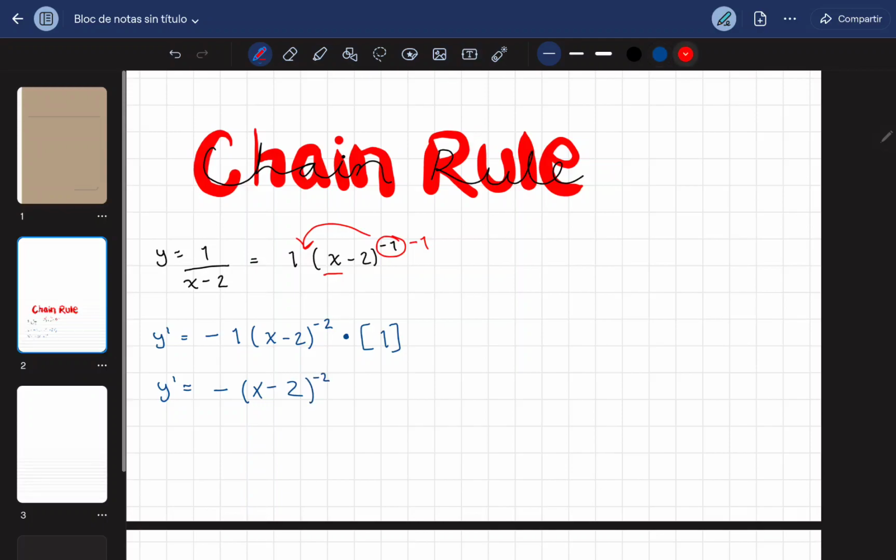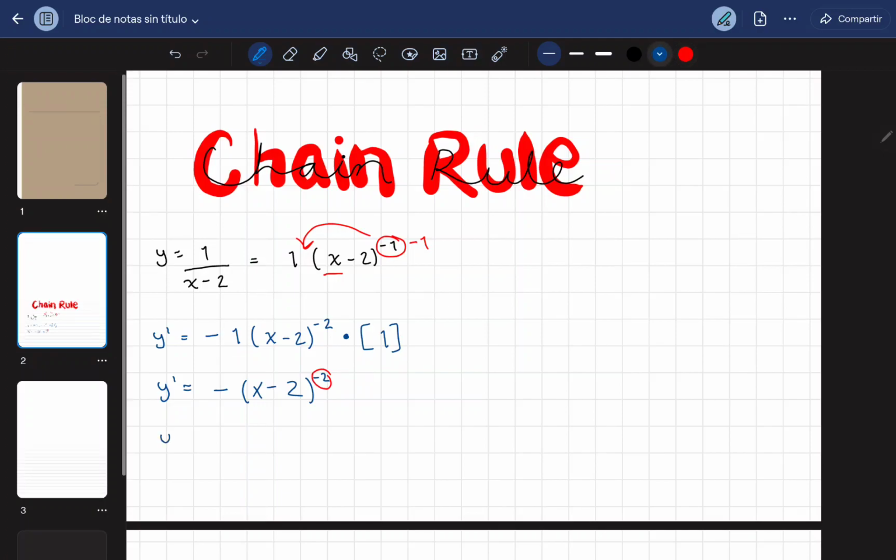But we have a minus 2 in here as a power. It's negative. So it means that we need to change this, right? This needs to go in the denominator, in the fraction. So we can have minus 1 over x minus 2 squared.